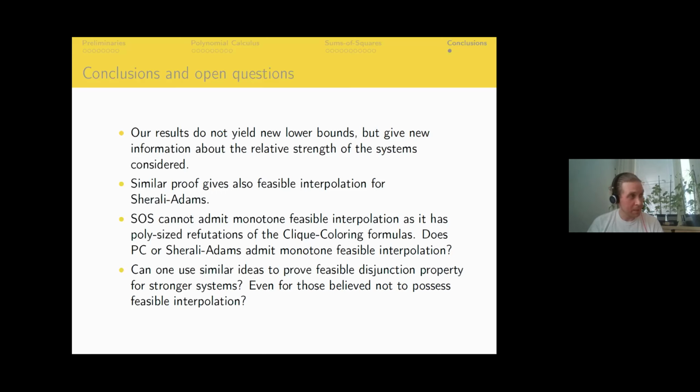But maybe the interesting systems would be strong systems that only use clauses, like DRAD or some of these kinds of systems.